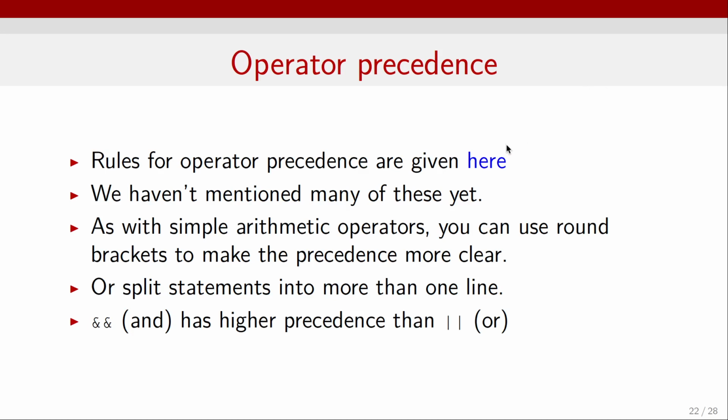Okay, you can find rules for operator precedence given in this link below. We haven't mentioned many of these operators yet. But as with simple arithmetic operators, you can use round brackets to make the precedence more clear.